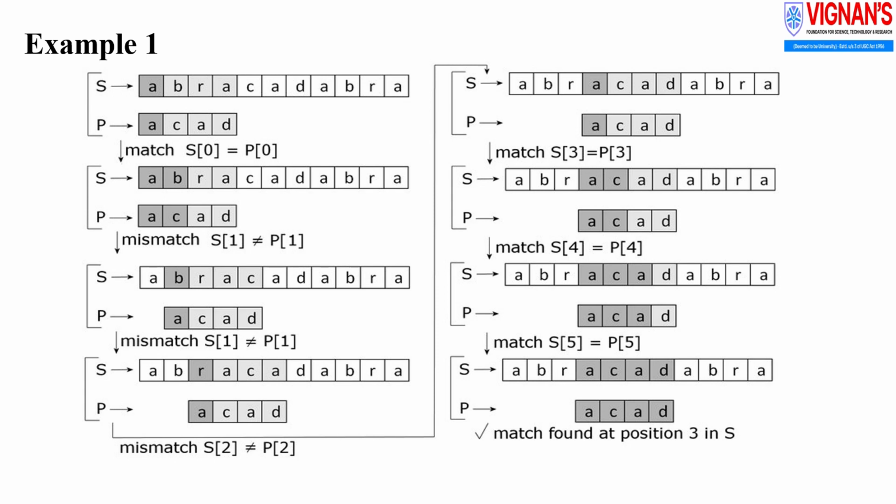This process continues until the pattern aligns starting at position 3 in the text. At this position, all characters of the pattern match the corresponding characters in the text. Therefore, a successful match is found at index 3. This example clearly shows how the brute force algorithm checks every possible position until the correct match is found.